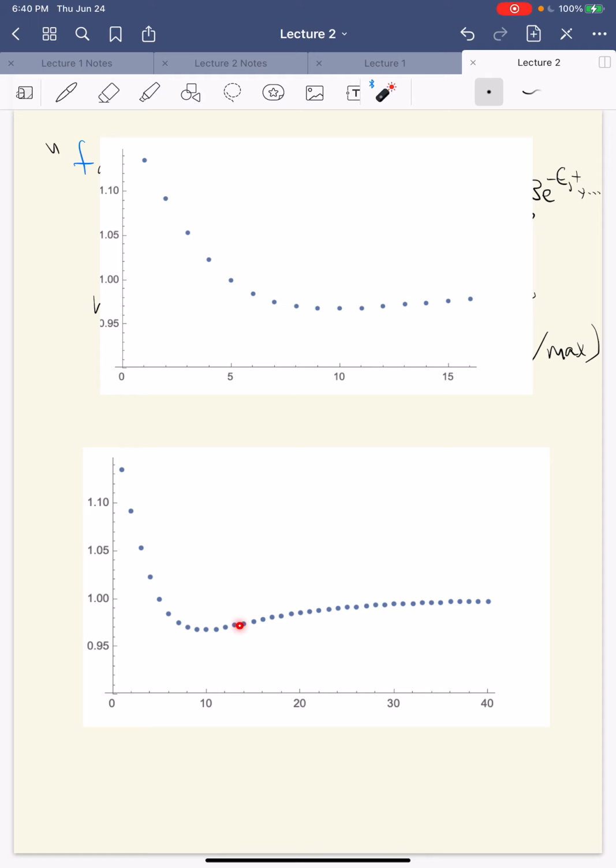And if I continue to go out, it very, very slowly approaches the true ground state, which I input to be 1. And you might say, well, I wouldn't be fooled by this. You can see, if you look really carefully, that it actually is very, very slowly rising after 10. So this isn't the true minimum, and no, I wouldn't be fooled by this.